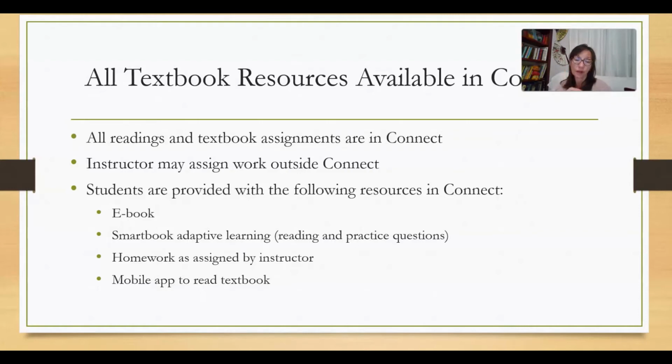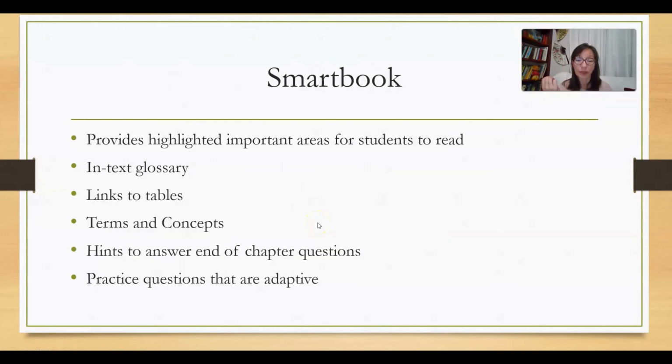Students are going to be provided the following resources in Connect: your ebook, adaptive learning, your homework, and a mobile app to read your textbook while you're waiting, which is a good thing to have. Now you have a smart book.